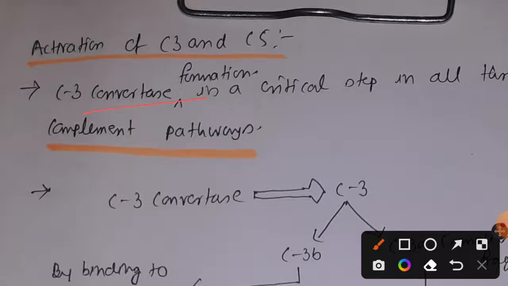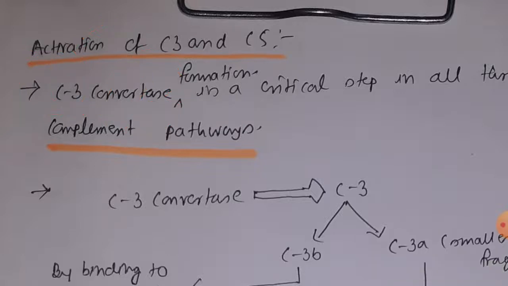Remember, this video and the video that I will upload tomorrow will be common for all three pathways, that is classical pathway, lectin pathway and alternative pathway. From the activation of C3 and C5, the rest of the steps are the same for each and every complement pathway.